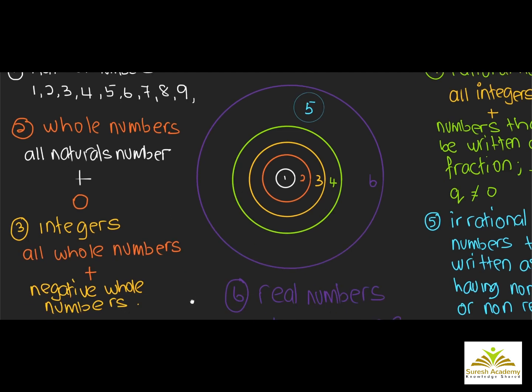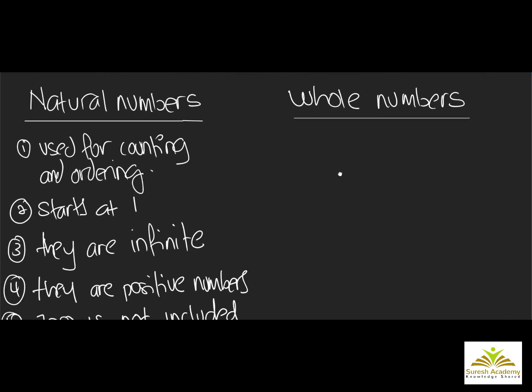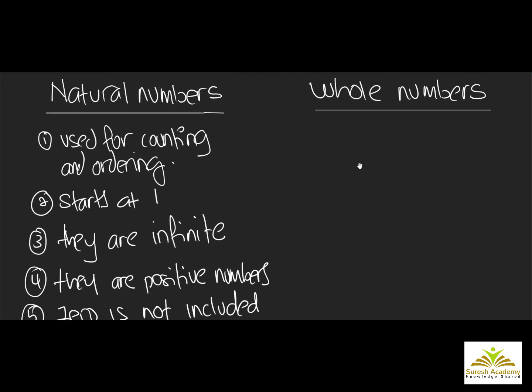If I put this into a list of features of whole numbers, I can say that they are used for counting and ordering. Yes, it does not start at 1, it starts at 0. They are also infinite.